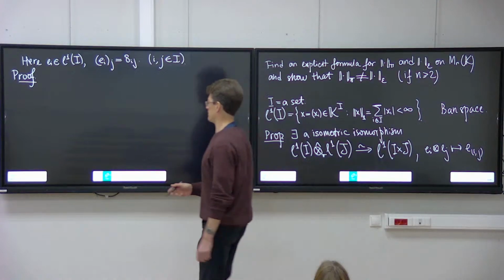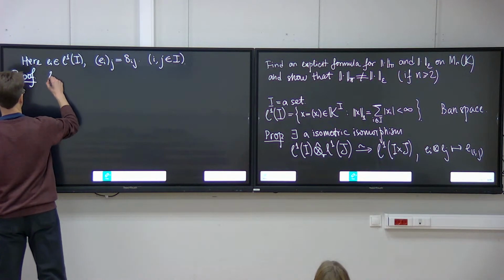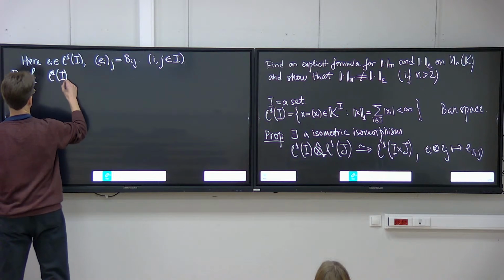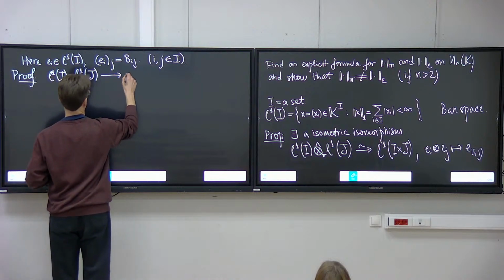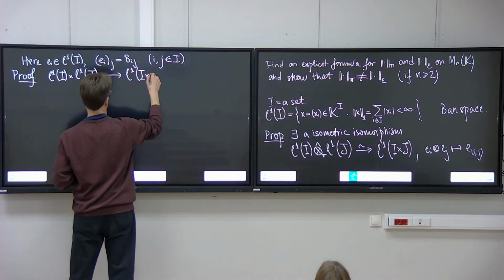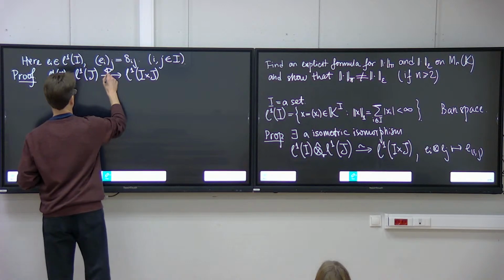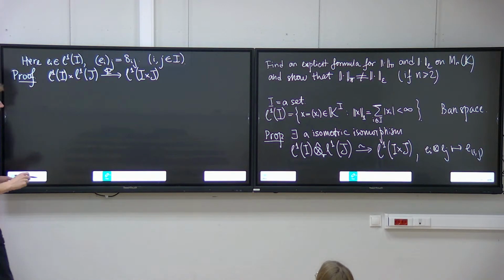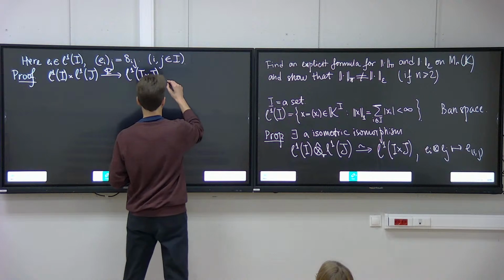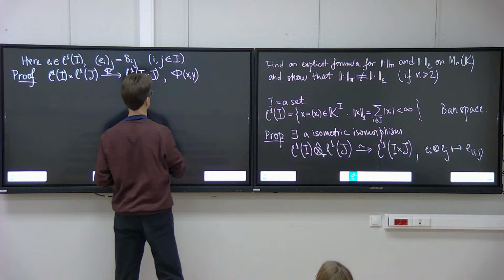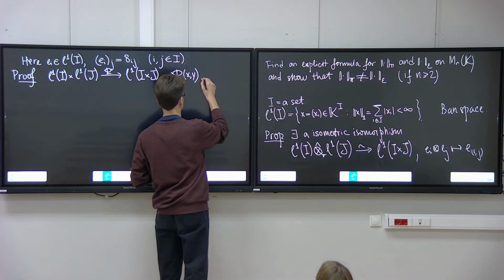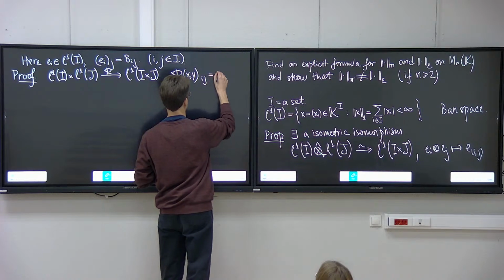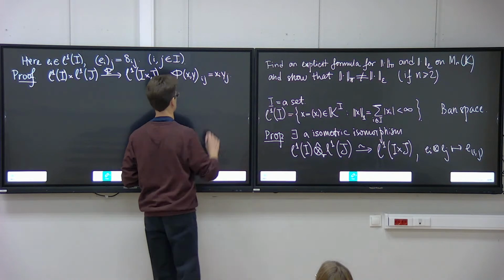So we start with a bilinear map from L1 of I times L1 of J to L1 of I times J. This will be denoted by phi. And phi is explicitly given by the following formula. Phi of (x, y) is an element in here whose coordinate number (i, j) is x_i y_j.